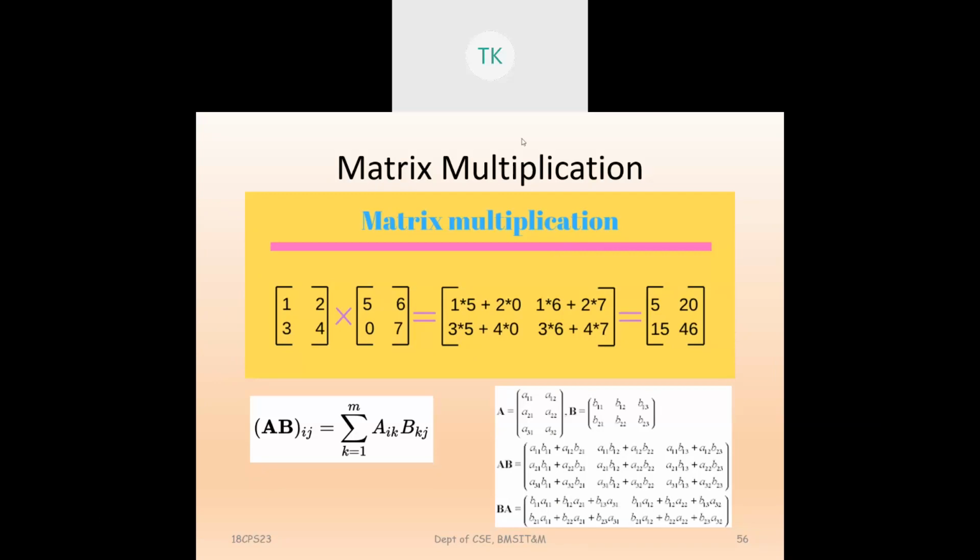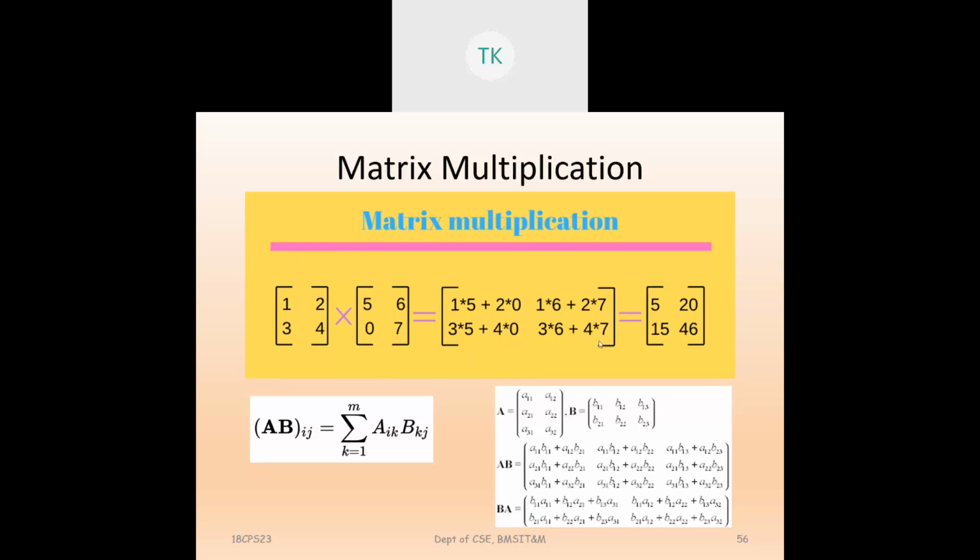So, in this program, we are going to multiply two matrices. Now, when I say two matrices, I'm going to consider the first matrix as A, the second matrix as B, and then to obtain the first value of the product matrix, I need to multiply the elements of the first row of the first matrix with the first column of the second matrix.